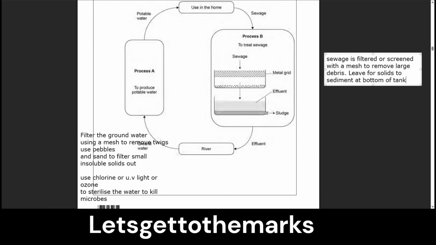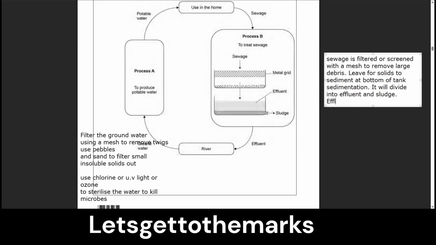This is called sedimentation. So we're going to wait for all the solids to fall to the bottom of the tank. It will divide into effluent and sludge, so it splits into the liquid waste and the solid waste.